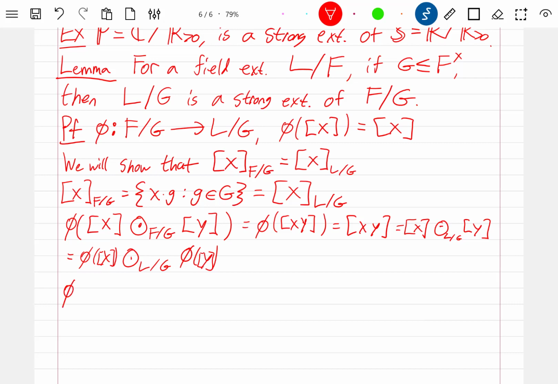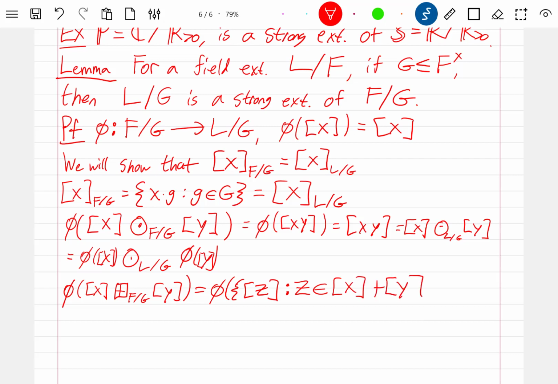As for addition, if I consider x, and I add that to y in F mod G, on the one hand, this is phi of the set of equivalence classes of z, such that z is in the sum set x plus y.